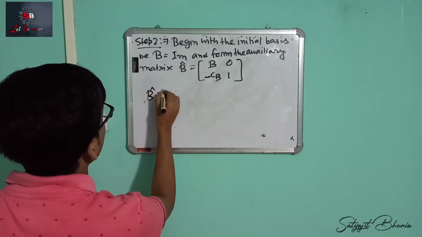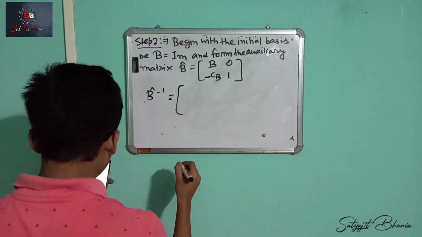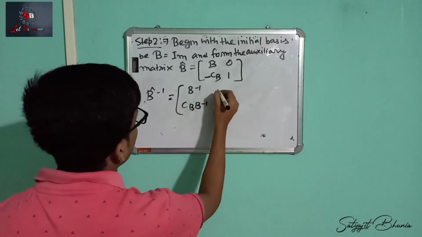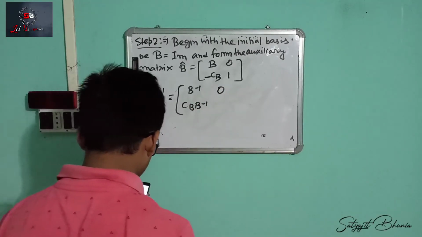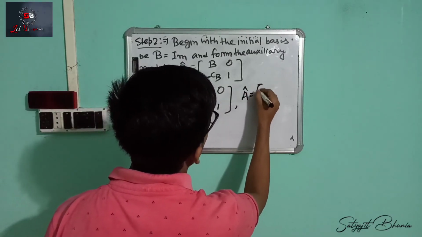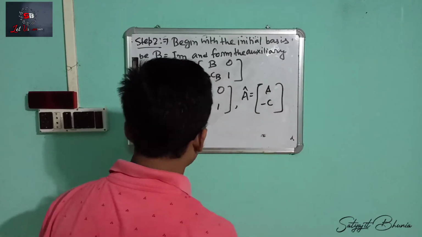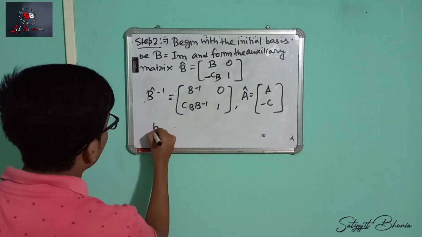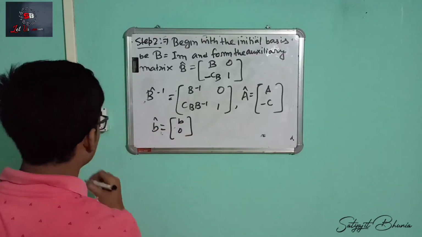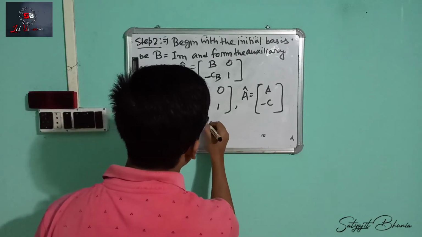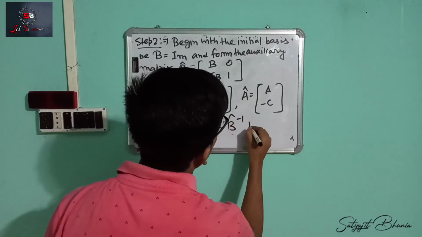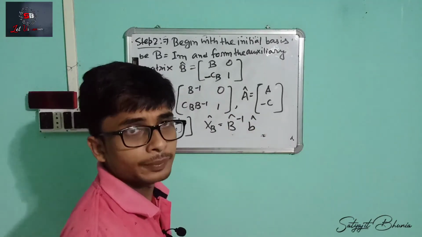B cap inverse is equal to B inverse, C_B B inverse, 0 matrix and 1, and A cap is equal to A minus C, and small b cap is equal to b, 0, and X_B cap is equal to capital B cap inverse into small b cap.